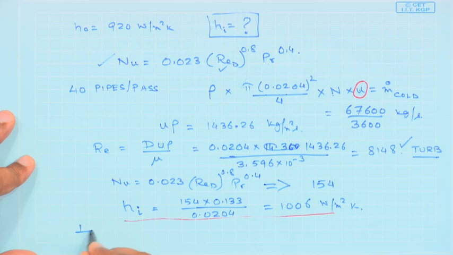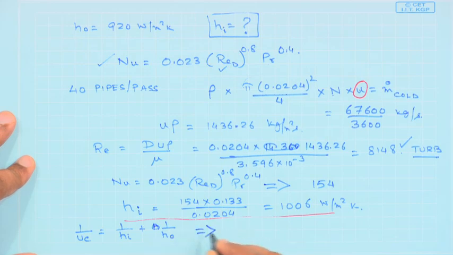So, 1 by Uc, the clean coefficient, the overall heat transfer coefficient based on the clean condition. There is no effect of Rd or the dirt factor, it is just the algebraic sum of the resistances of the convective heat transfer resistance on the inside, that is the tube side, and the convective heat transfer resistance on the outside, which is the shell side.